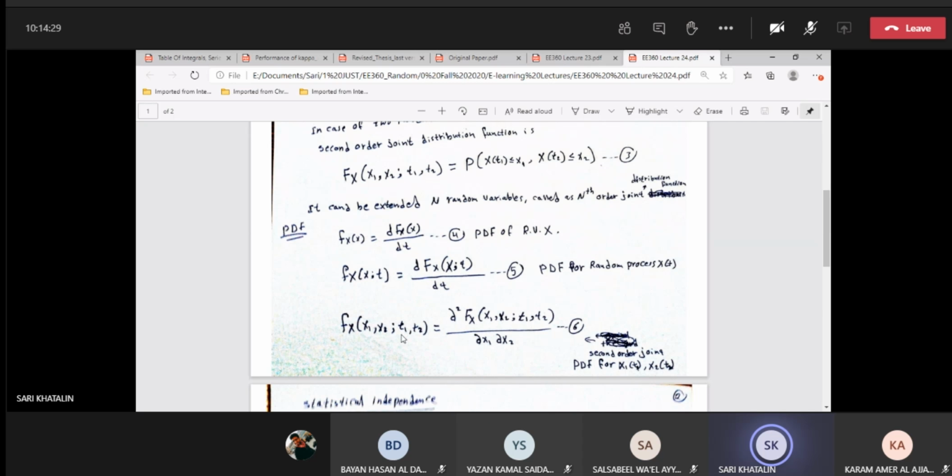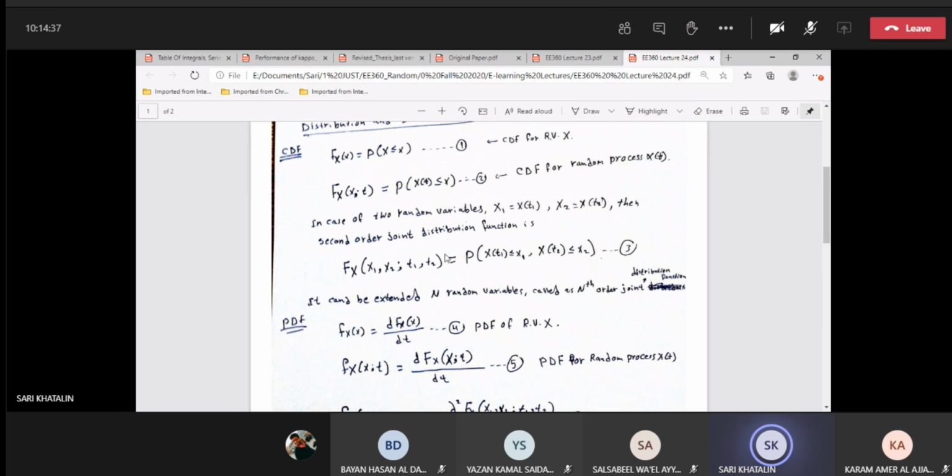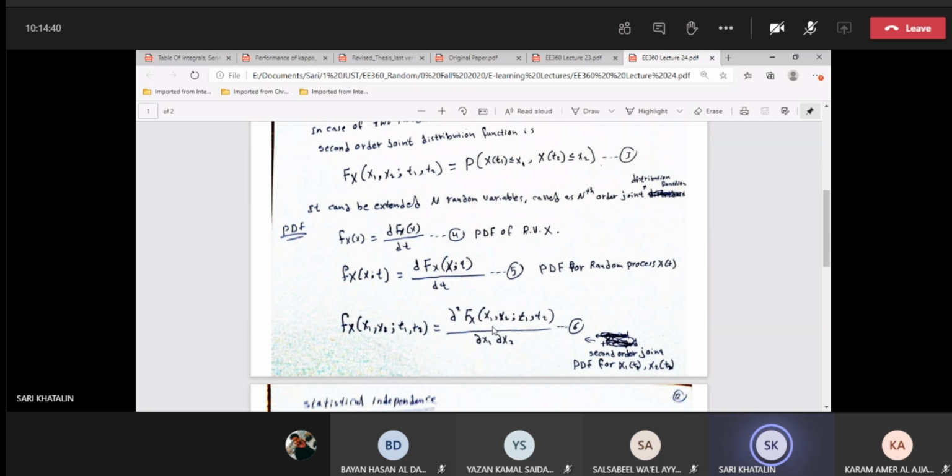And also, if we have multiple ones, of course, this is a partial derivative, okay? If we have a joint CDF, you will take the first derivative with respect to x1, and then with the outcome, you will take another derivative with respect to x2.